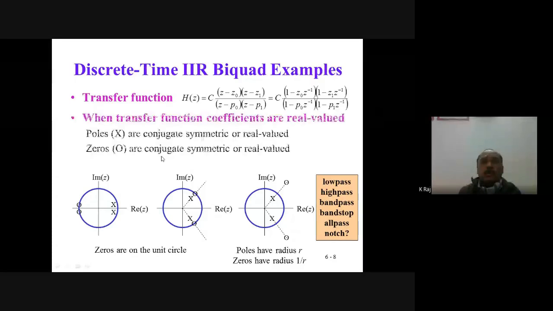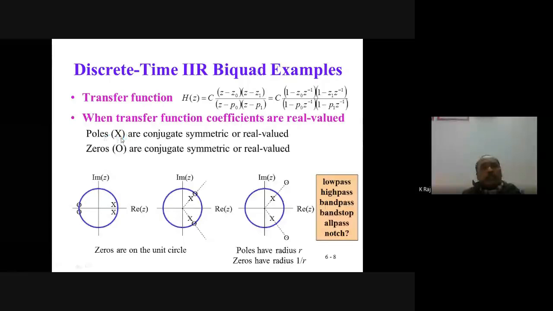Now poles are conjugate symmetric when transfer function coefficients are real valued. Then what is the meaning of this? It means poles are conjugate symmetric when the coefficients are real valued, or vice versa is also true.